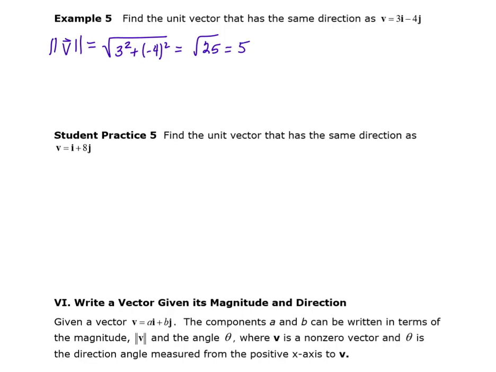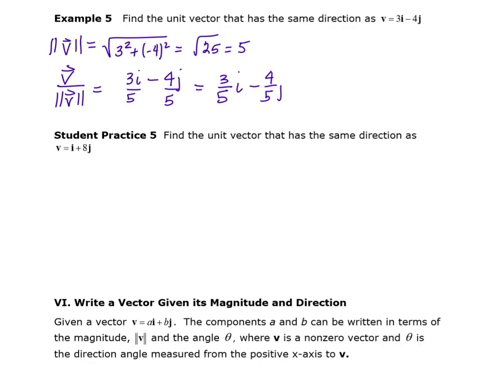And we know that to find that unit vector, we're going to take v and divide it by the magnitude of v. So vector v is 3i minus 4j, and to divide by 5, we're just going to divide each component by 5, giving us this new vector 3/5 i minus 4/5 j.